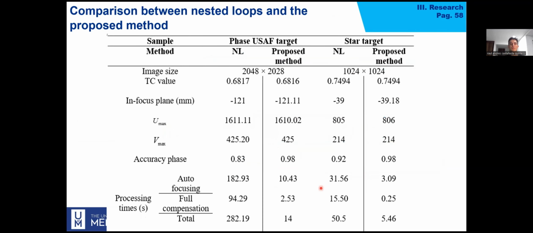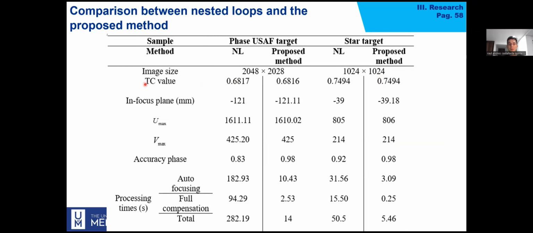In order to perform a comparison between the proposed method and the conventional strategies to obtain in-focus reconstruction, we compare the proposed method with nested loops for two different samples, a phase USAF target and a star target. The image size is 2048 by 2048 for the USAF target, and for the star target, the image size was 1024 by 1024.